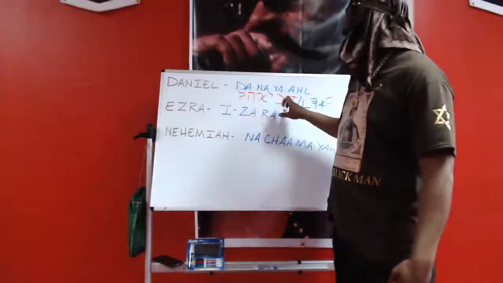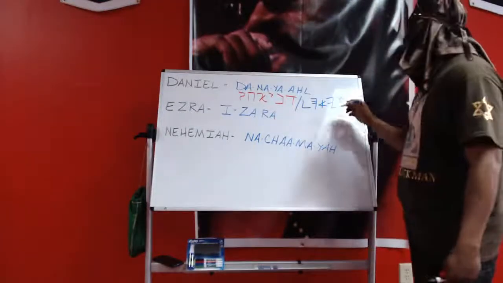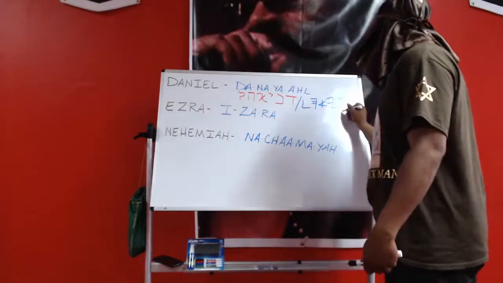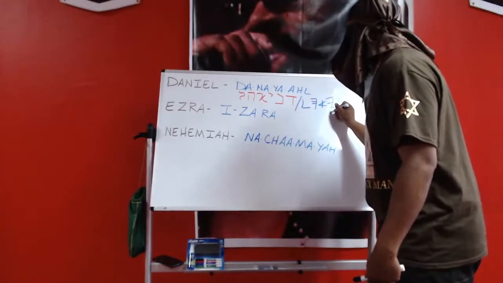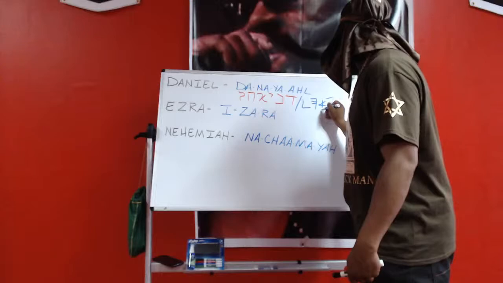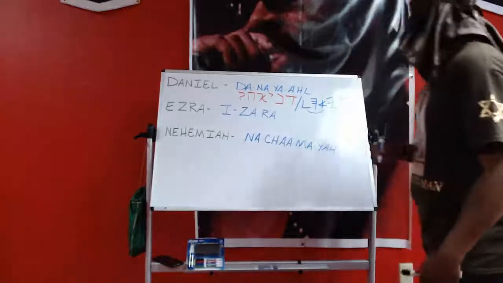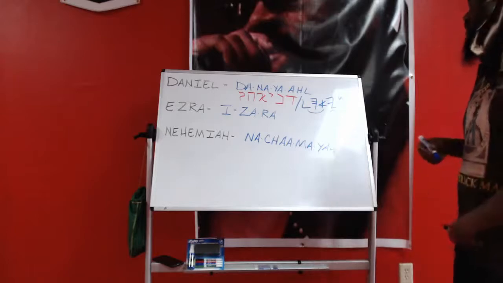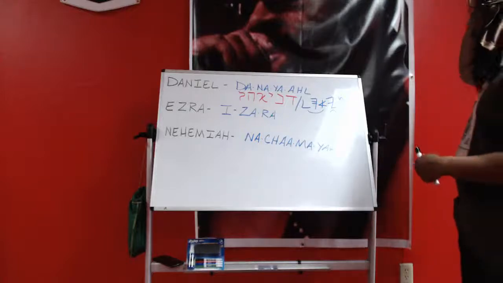But we know that we read through it, we had at least six characters, right? So this is how we're going to write it in ancient Hebrew: Da, Na, bumper, bridge, Ya, bumper, and then Al. Essentially, that's how it's pronounced. Danayaal.